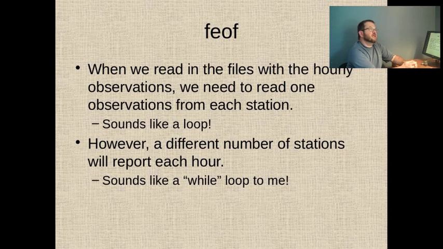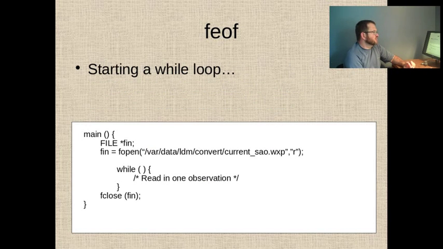The function in C that can determine whether or not a file is done, whether you have reached the end of it or not, is feof. Let me walk you through this a little bit.